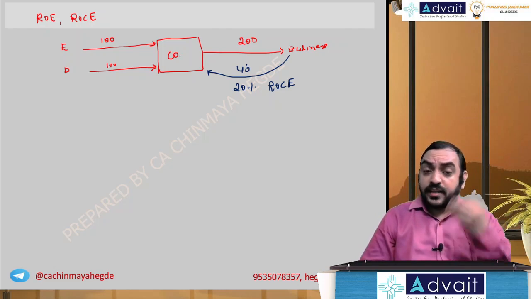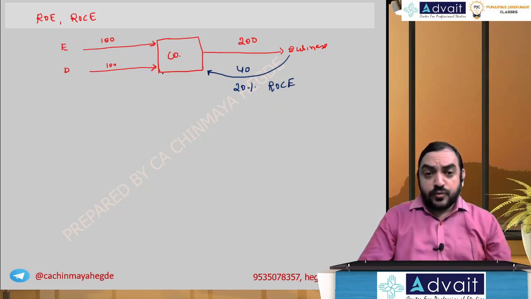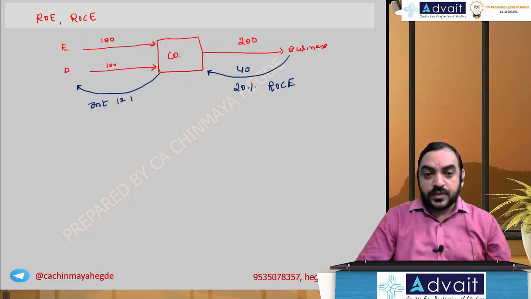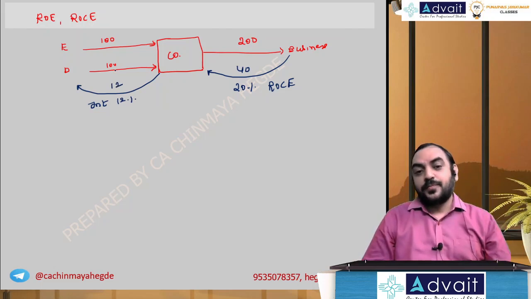Now, on debt, what you have to pay? For the debt, you have to pay interest. Let's say you have to pay a rate of interest of, let's say, 12%, 12% on 100 rupees. So you will be paying them 12 rupees.